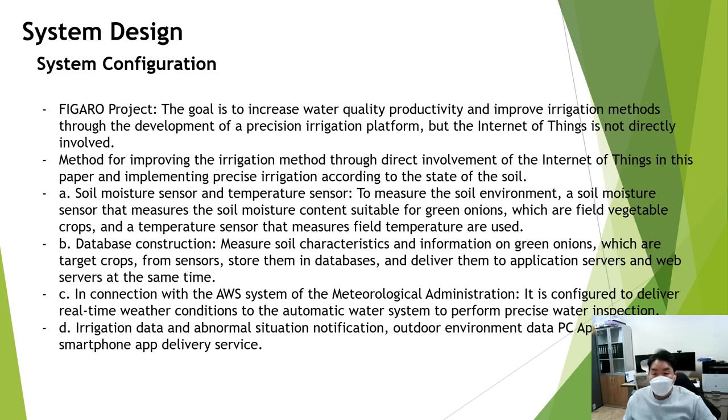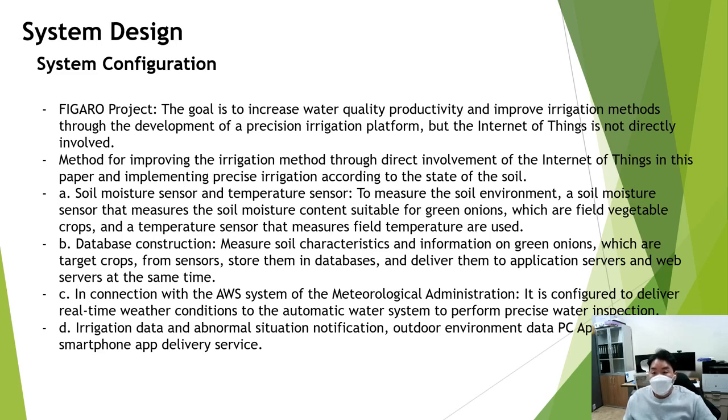Prior to entering the composition, we investigated similar research, and the most similar was the FIGAR project, which can be seen as a similar study in that it uses the Internet of Things to improve water quality, productivity, and irrigation methods.